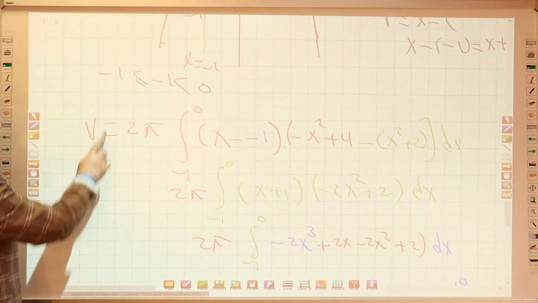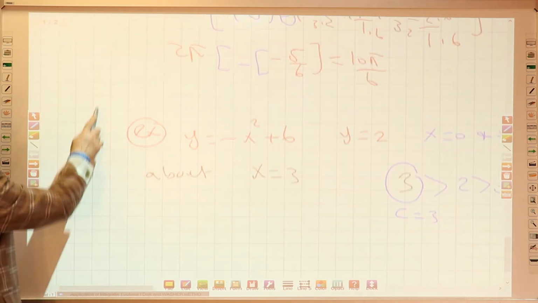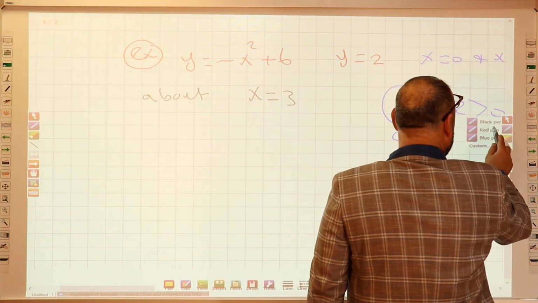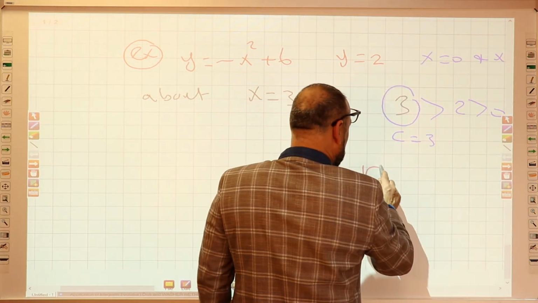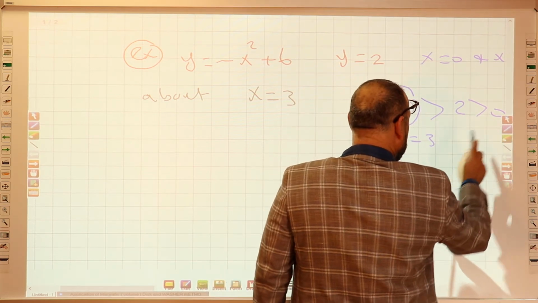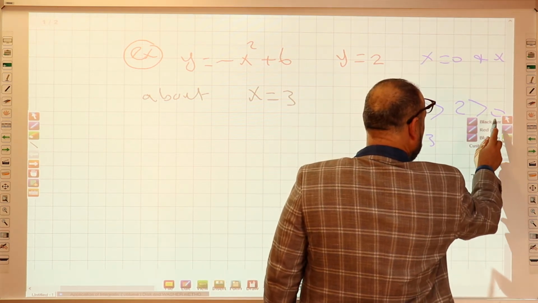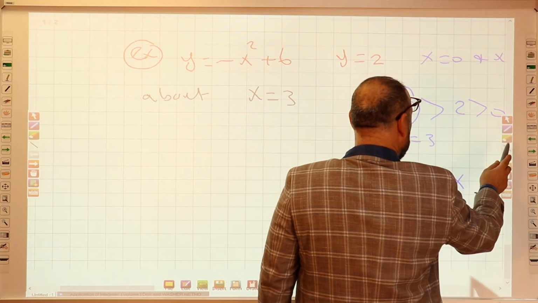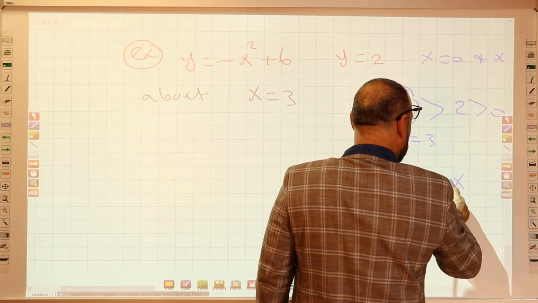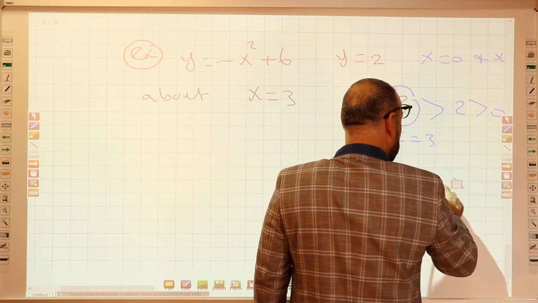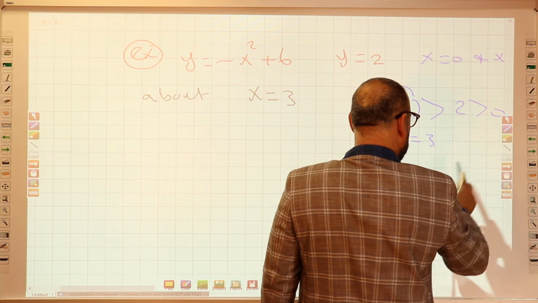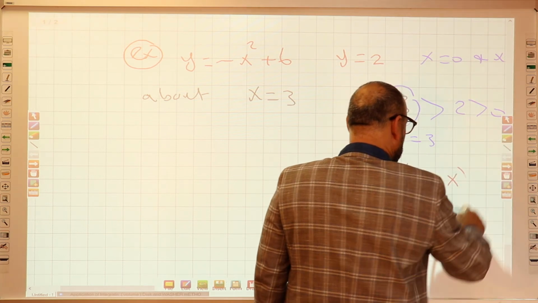You don't have to think. R equal 3 minus x. This is my radius.